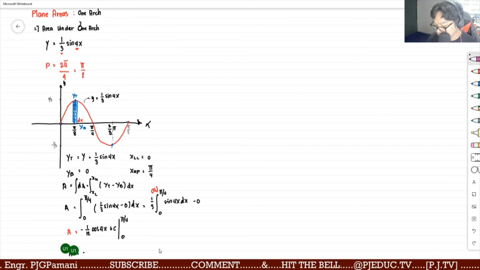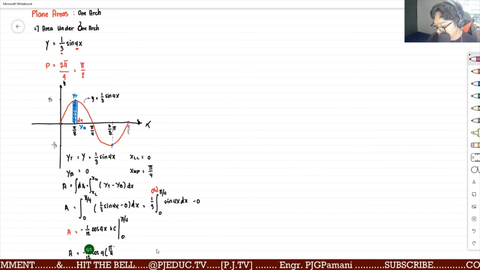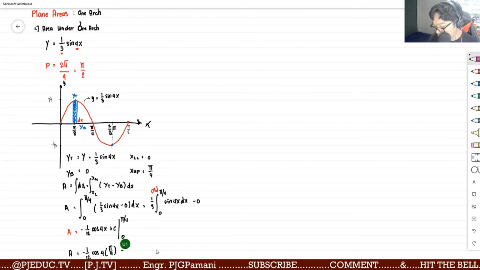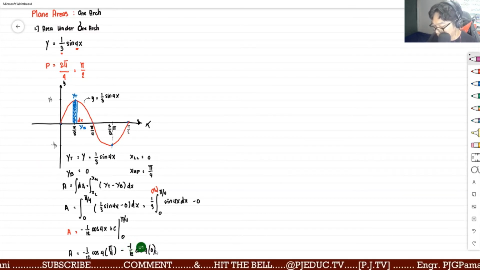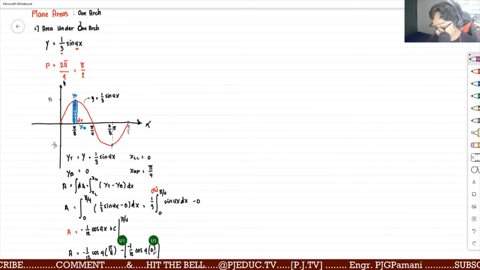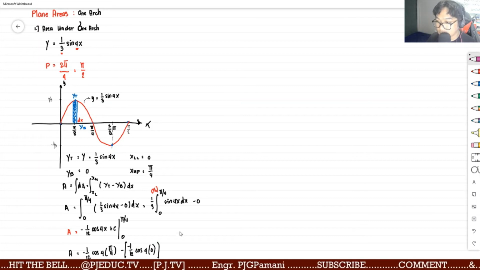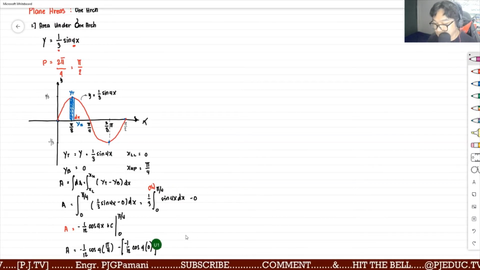Yes, sir. Substitute lang natin yung ating limits. 4 times pi over 4 minus negative 1/12 of cosine 4 times 0. Okay? Gamitin nyo yung radian mode ng calculator para mas mabilis. Substitute nyo lang.